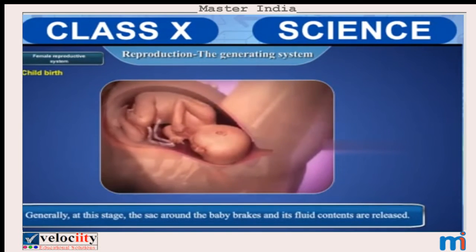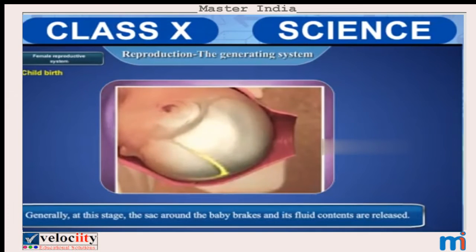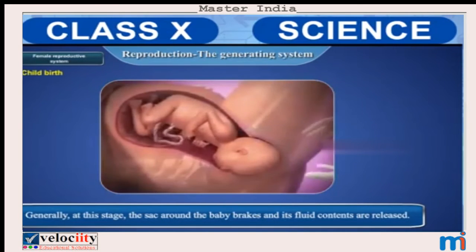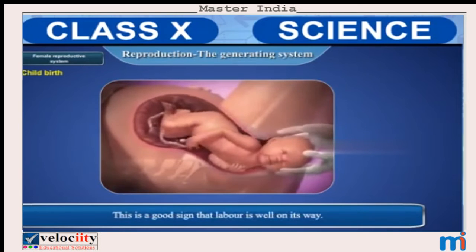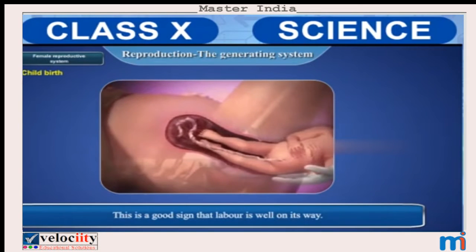Generally, at this stage, the sac around the baby breaks and its fluid contents are released. This is a good sign that labor is well on its way.